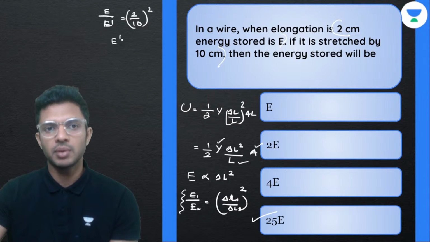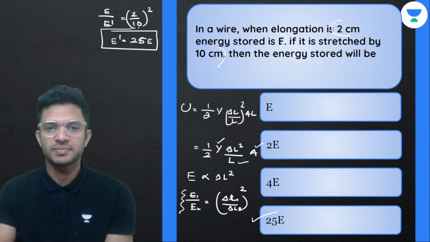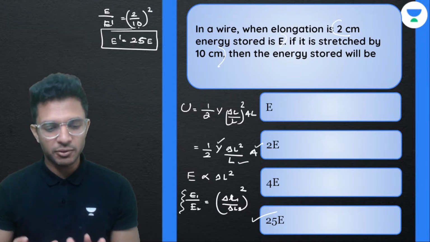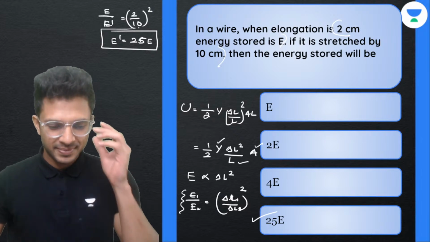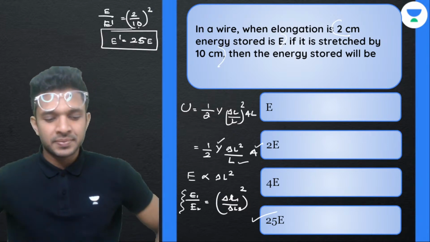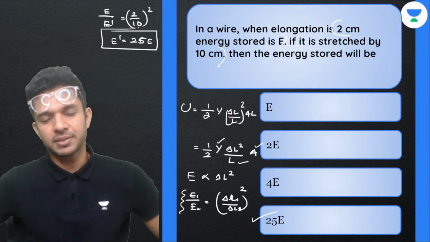So E dash will be equal to, this 25 goes to left hand side, get multiplied with E. So E dash का value मिल गया, 25 times E. Simple. Okay. So basically using our formula and finding out and get the answer. पहले से 4 और दूसरे से 100 और क्या.